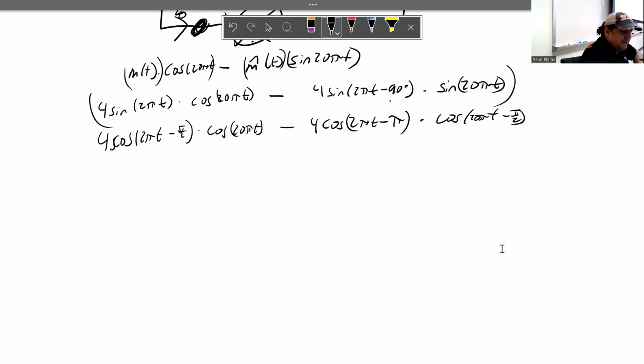I know I'm using degrees and radians all over the place, but we're smart, we get it. So the cosine product formula is 1/2.